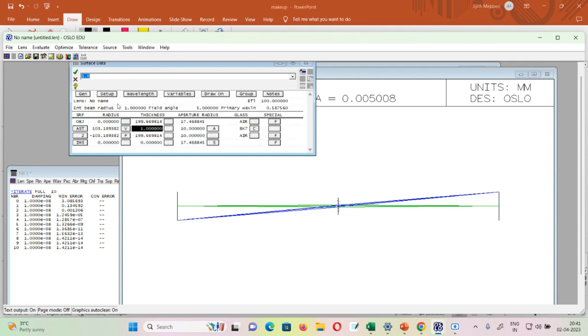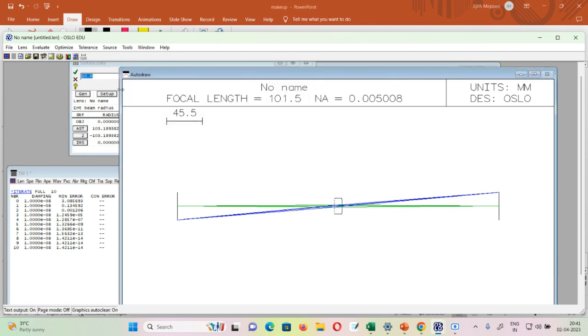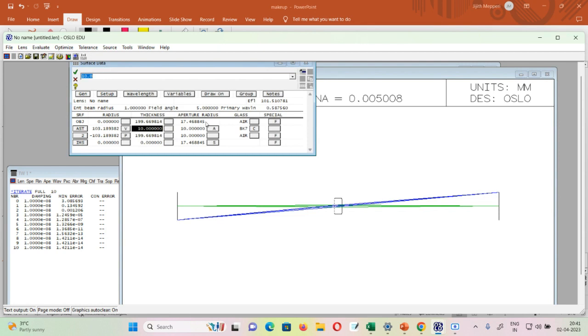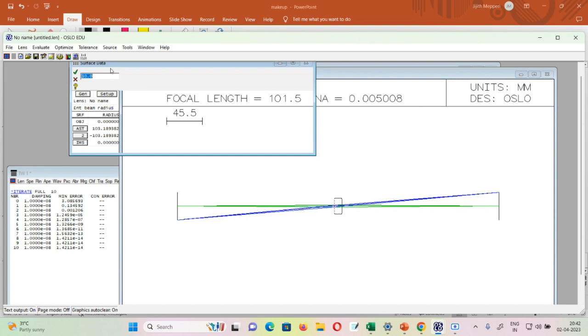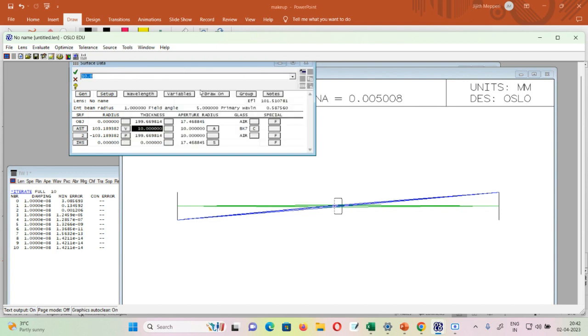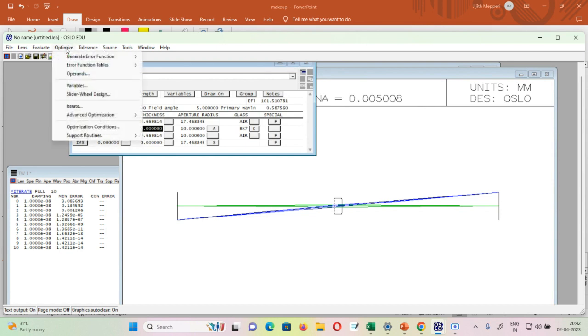So if I am increasing the thickness of my lens from 1 to 10, directly see how your focal length will change. Now focal length is 101.5. So I have a thick lens with 101.5. I want to optimize the focal length to 100 itself.